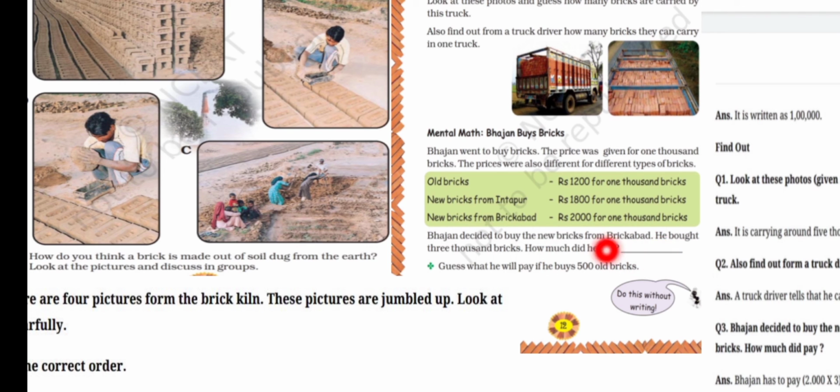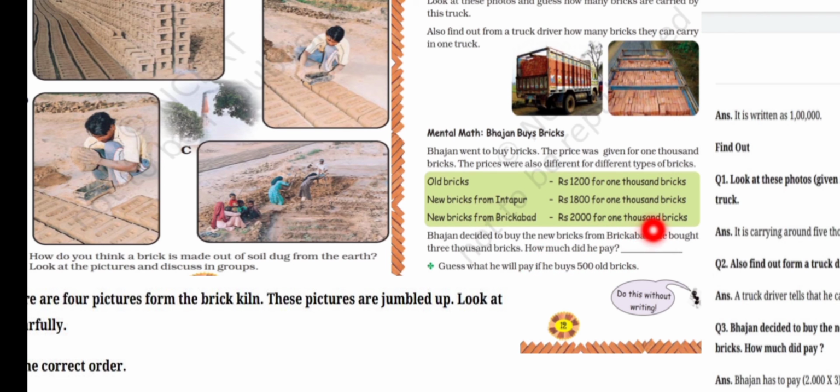He bought 3,000 bricks. How much did he pay? Remember students, we have to solve these questions without writing. As we know the price of 1,000 bricks, what is the price of 3,000 bricks?